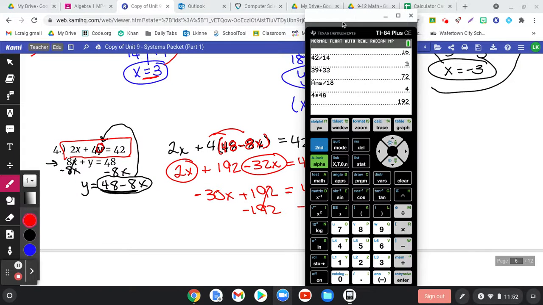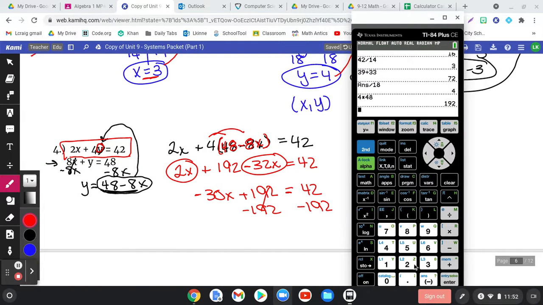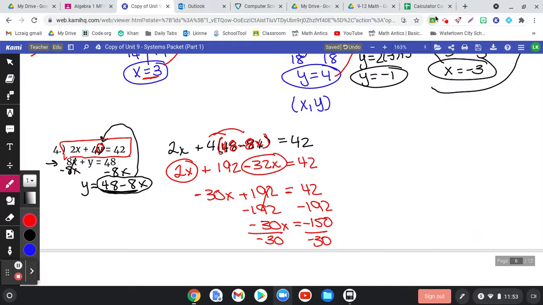So we have 42 minus 192, -150, like I said. So -30x equals -150. Divide both sides by -30. And again, if you're not sure, use your calculator, but you're going to get 5, not 50, just plain old 5 for x.